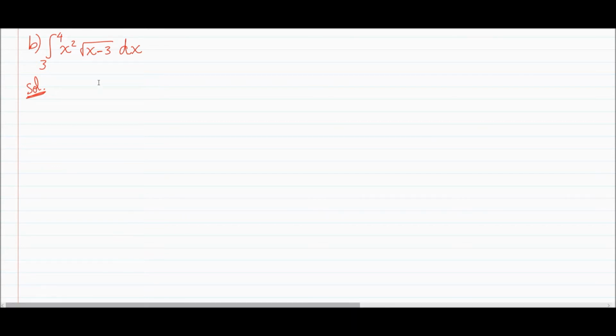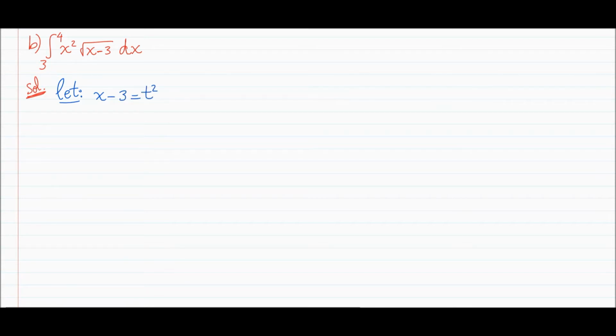But here, take care that this integral is a definite integral. So I have to change the variable and also change the limits of the integration. So in this case, we will make the following substitution. For example, let x minus 3 equal t squared.